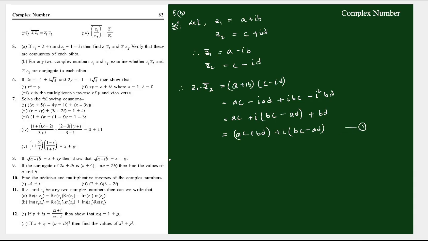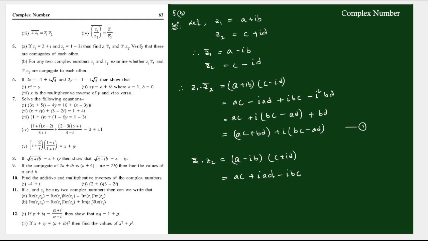Now let's again move to conjugate of z1 into z2. So conjugate of z1 will be a minus ib, and then z2 will be c plus id. So a into c will be AC plus iAD minus iBC.